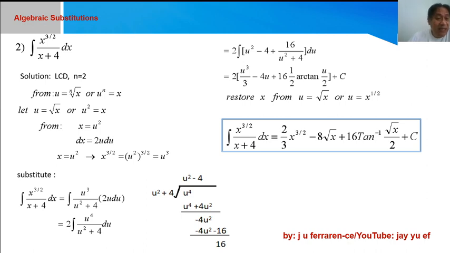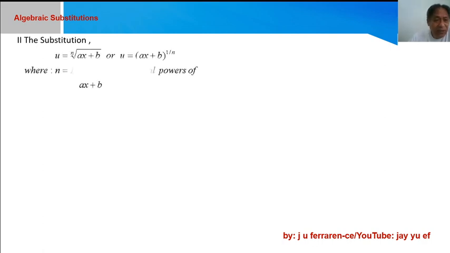Now, another kind of substitution is when we have u equal to the nth root of ax plus b. By the way, this is a linear radicand, correct? Or you can have your u equal to ax plus b raised to a fractional power, which is 1 over n.